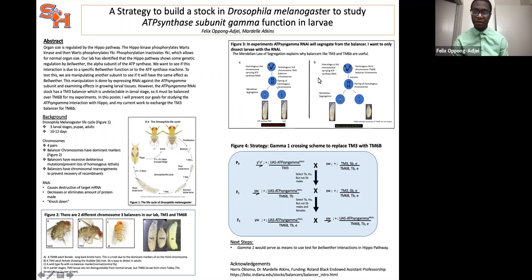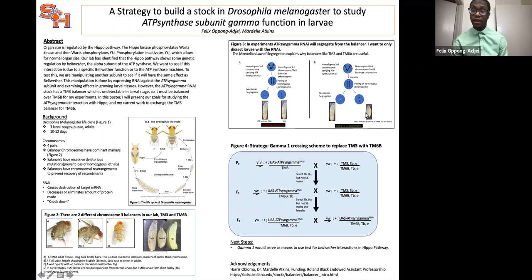So the strategy here is to rebalance it over TM6B. And so again, on the same third chromosome, carrying the ATP synthase RNAi, but this time we cross it with a fly that has a TM6B chromosomal balancer. They undergo meiosis, homologous chromosomes pair, they separate according to Mendelian genetics. But this time, because TM6B has enough phenotype in the larva, we can tell it apart from a normal wild-type larva.